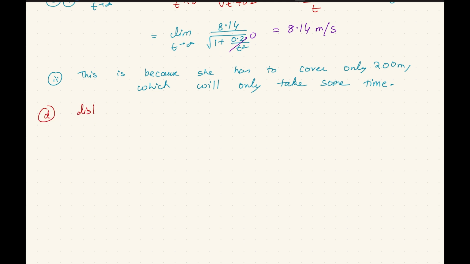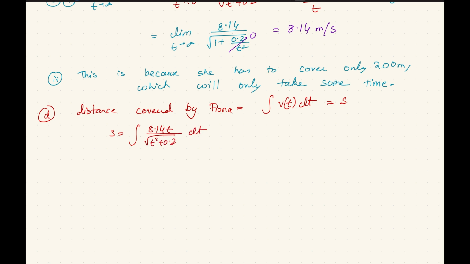You have to first find the expression of distance covered by Fiona, which is integral of Vt dt. Let's take this as S. So S will be integral of 8.14 t over root t squared plus 0.2 dt. Now here we have to substitute. We can just substitute t squared plus 0.2 as some z squared.